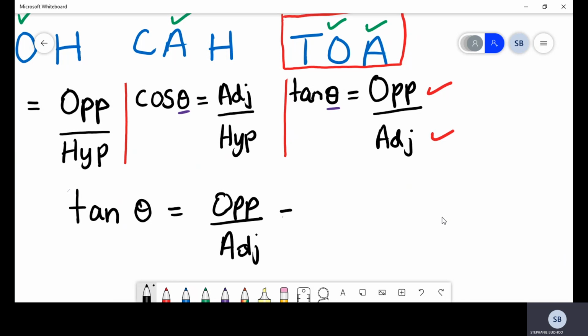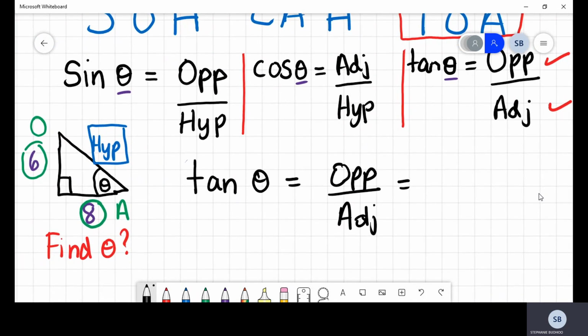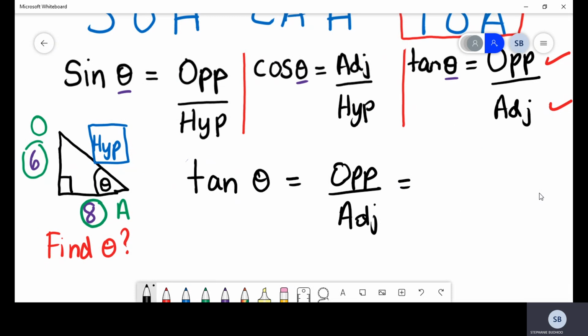Okay, and our green ticks represent that we actually had those numerical values. So what we're going to do is perform a substitution. Going back to our question, we remember that the opposite was 6 and our adjacent had a value of 8. So that brings us down to the fact that tan theta is equal to 6 on 8, or 3/4. You could reduce it if you like.